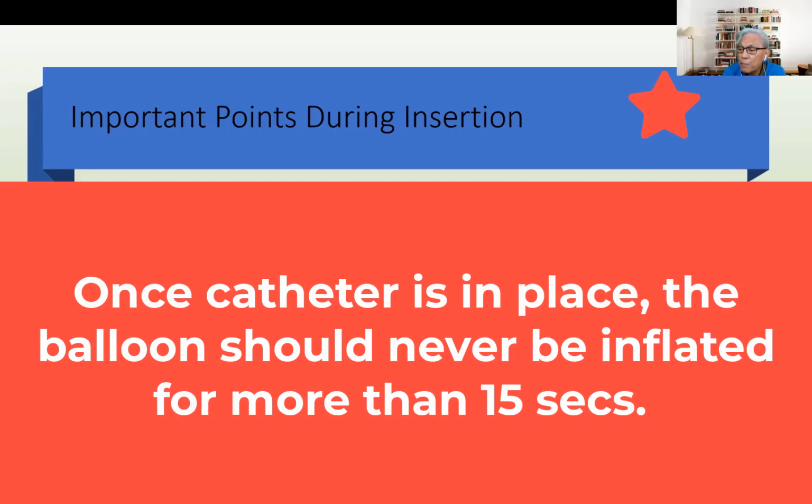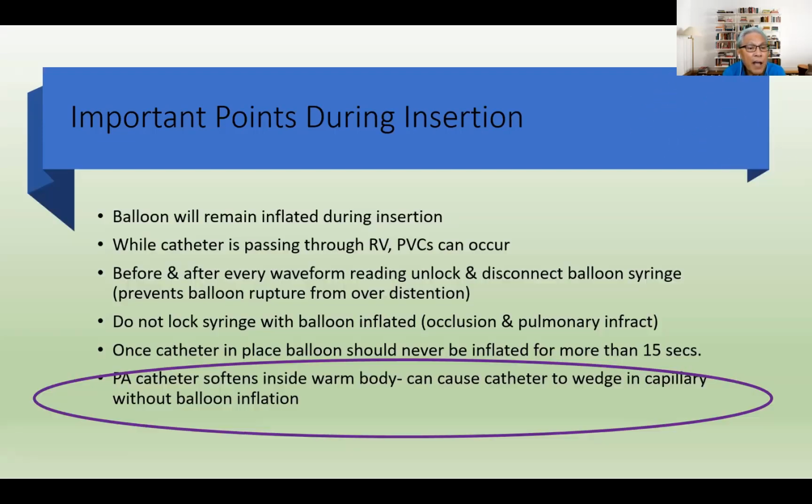Once the catheter is in place, the balloon should never be inflated for more than 15 seconds or 4 respiratory cycles. And the other fact is that I told you that the PA catheter can soften inside the warm body, and therefore it can cause the catheter to either withdraw or to wedge in the capillary even without balloon inflation.